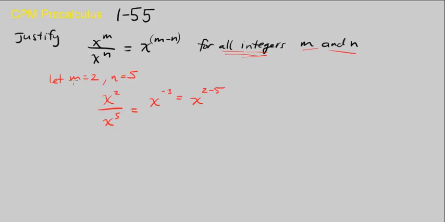We can't just plug in an example, right? Because we have to do it for all integers. This would be just for m is 2 and n is 5, and we would have to do that for every possible integer, and there's an infinite number.